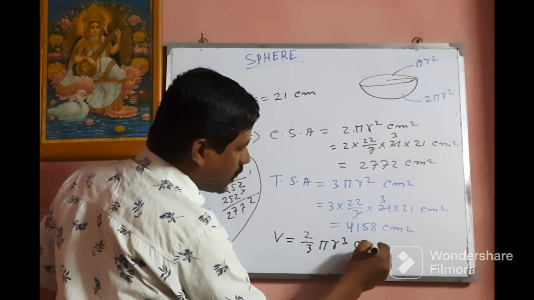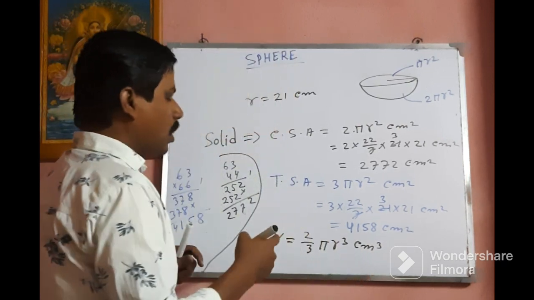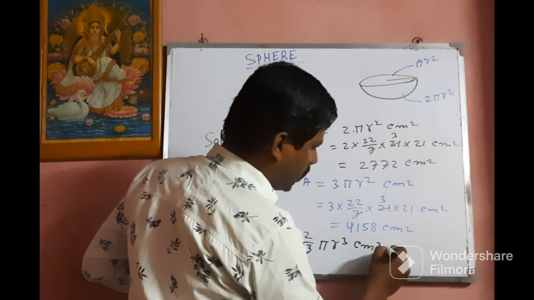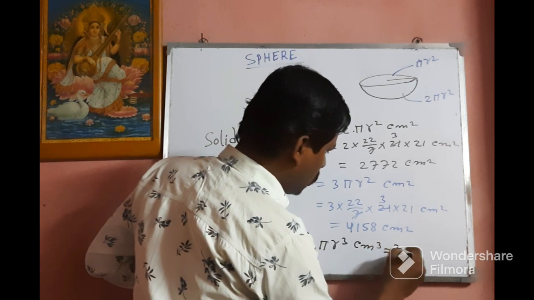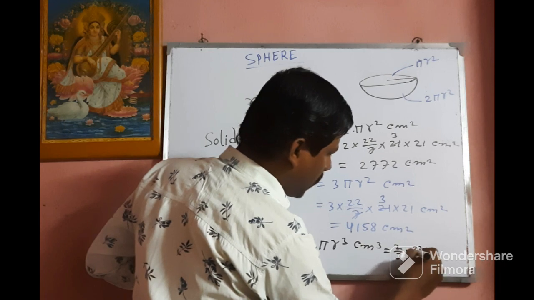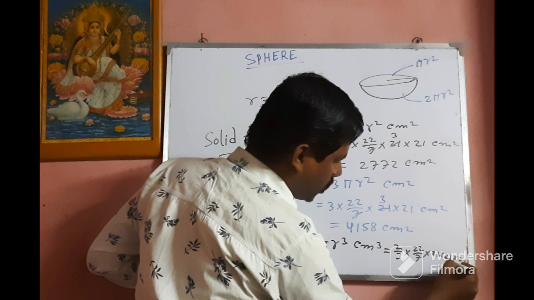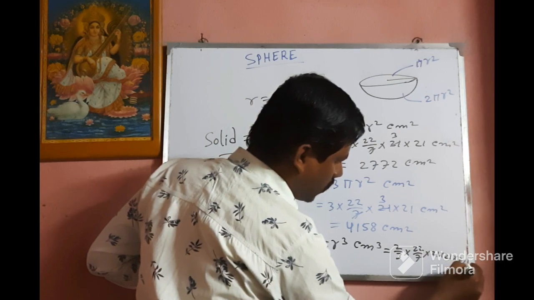And the volume is equal to 2 by 3 pi r cube, and this will be the centimeter cube. By putting the value of r, we get the volume, and this will be 2 by 3, and pi is 22 by 7, and this will be 21 three times, and this will be the centimeter cube.